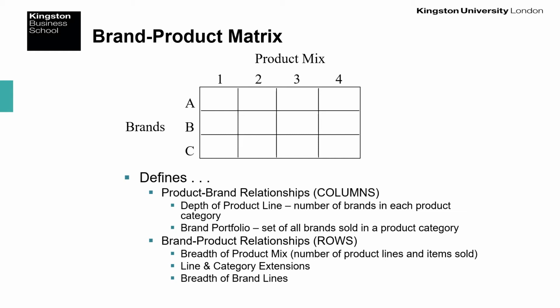We can see where there are line and category extensions, where the organisation has introduced different product variants within a product category to create new product lines, such as dilutable drinks versus ready to drink in bottles, ready to drink in cartons, etc. Each of those would be line extensions, or where it may have taken a brand into a different product category, such as Mars confectionery bars becoming Mars ice cream bars.